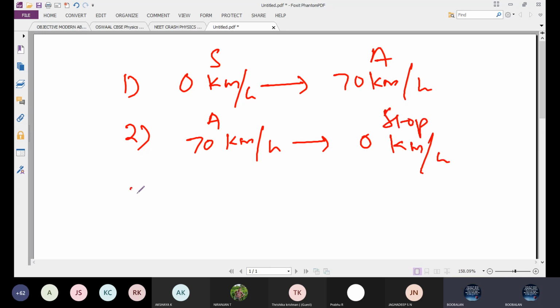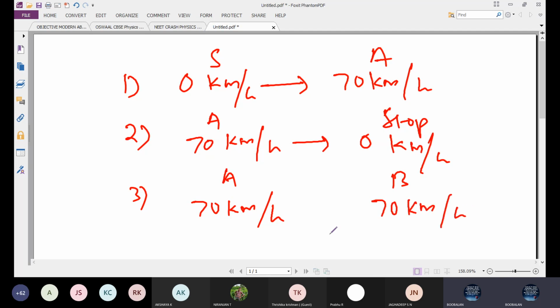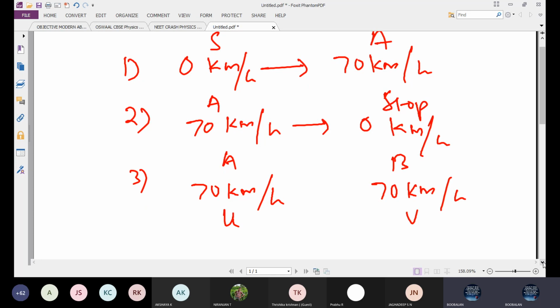Now third condition, at point A it is 70 kilometer per hour. Again I'm going to point B, one more position, but I am not reducing my speed. Gradually, the same speed I am following, also 70 kilometer per hour. This is initial velocity U, this is final velocity V. So based on the third condition, you will see whether it is positive or negative.